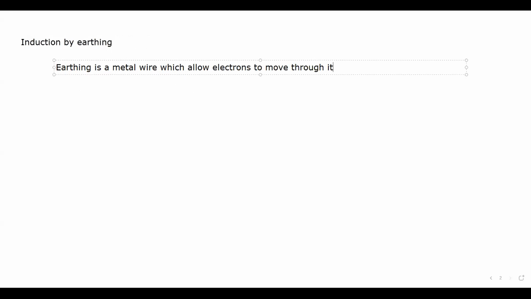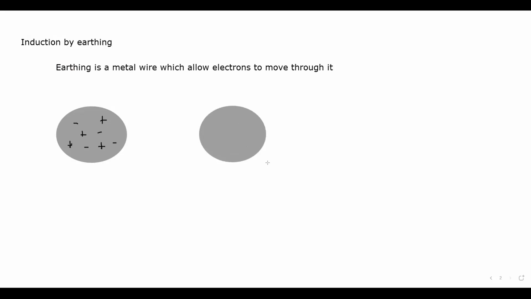For example, we have a charged sphere. Originally it is random, the number of positive and negative charges. Then I bring a negative charged rod closer to this.